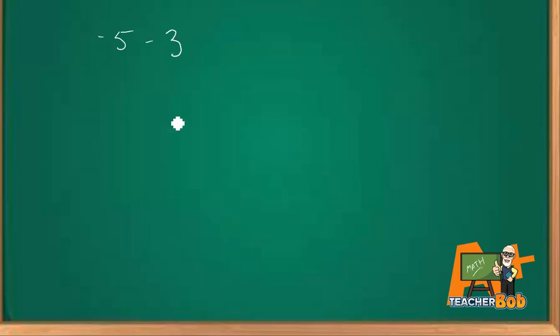Because you owe 5 and then you're going to owe another 3, so that's subtract 3. How much do you owe now? Well, that's equal to negative 5 plus a negative 3, and that is, well, negative plus a negative is equal to a negative, so our answer is negative 8. So we owe $8. That's the total amount that we owe.